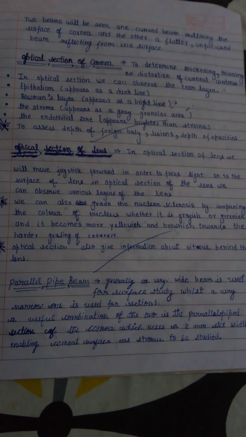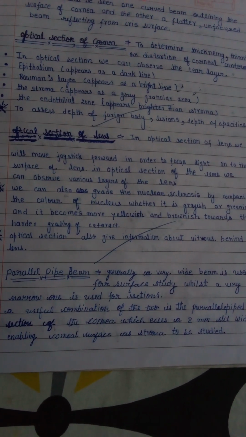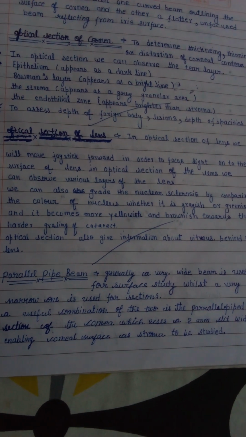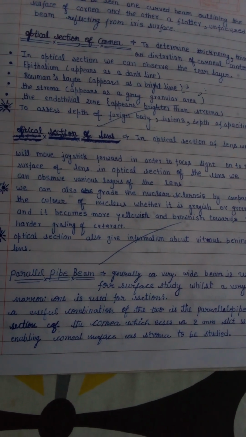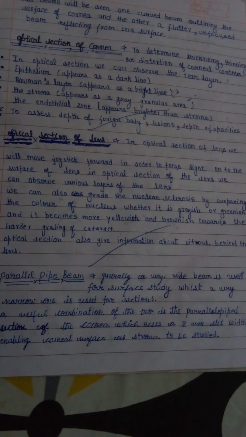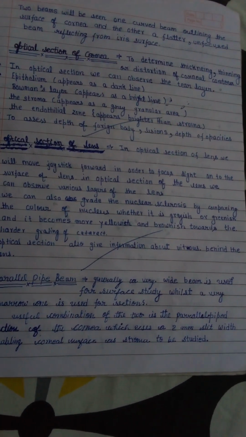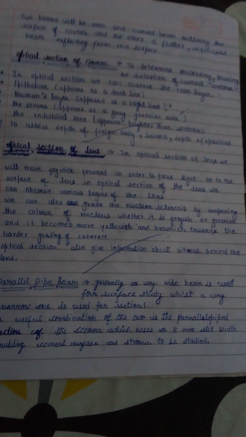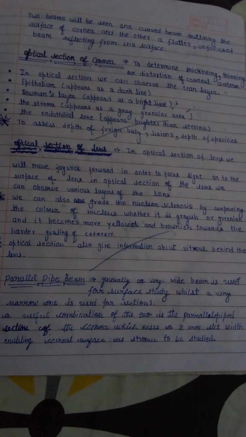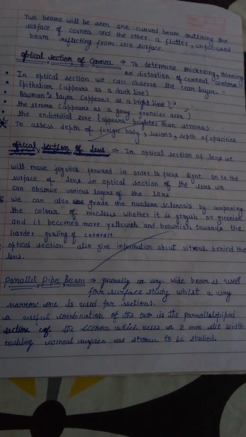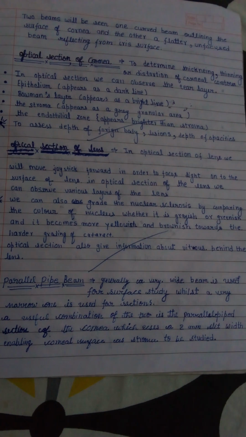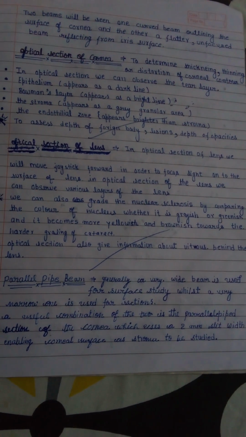As you know, we can observe the lens nucleus, lens capsule, and different types of opacities of the lens. We can also grade nuclear sclerosis by comparing the color of the nucleus, whether it is grayish or greenish, and it becomes more yellowish and brownish towards the harder grading of cataract.